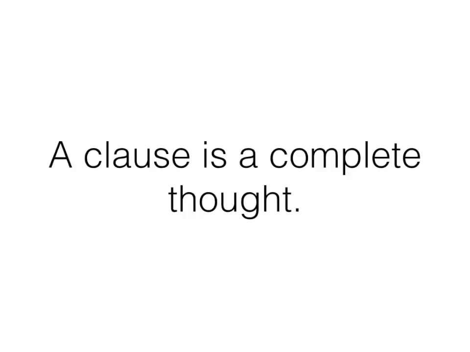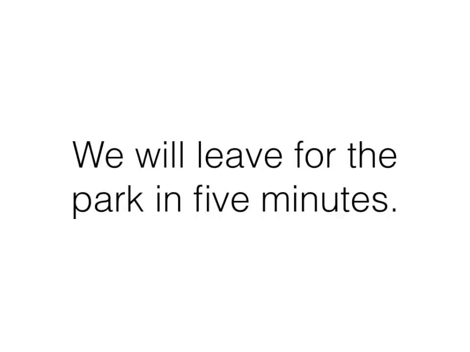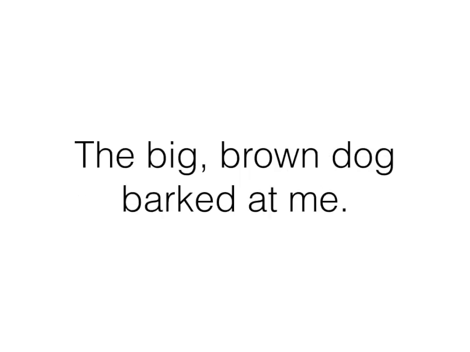Now, in contrast to a phrase, a clause is a complete thought. A phrase, like the things we just saw, is not a complete thought. So a clause contains a subject and verb at least, and then it can have modifiers of them. Here's an example. We will leave for the park in 5 minutes. Or, I like dogs.